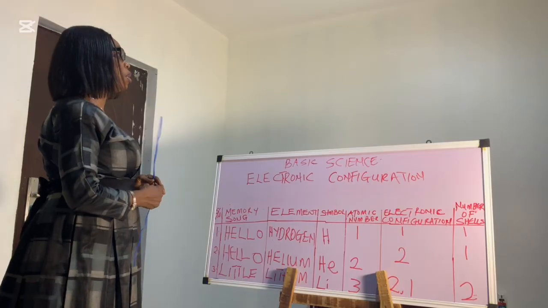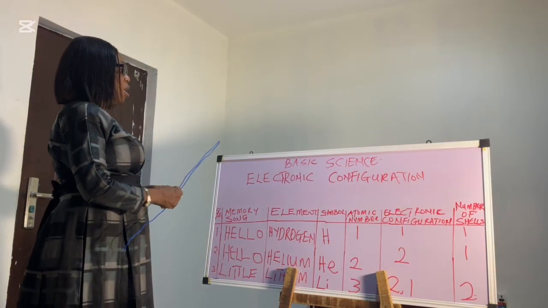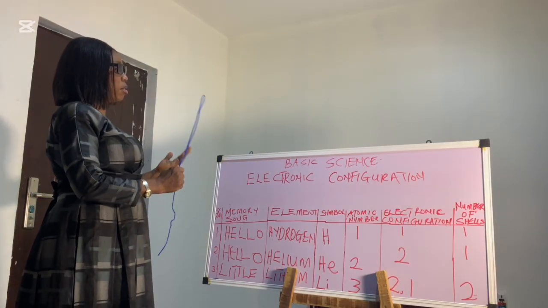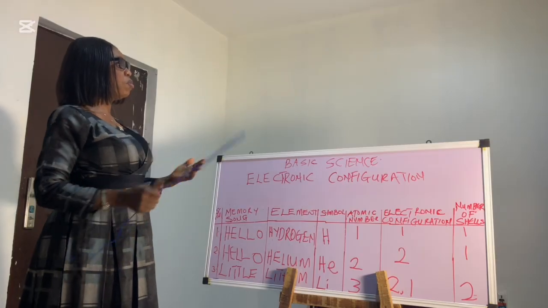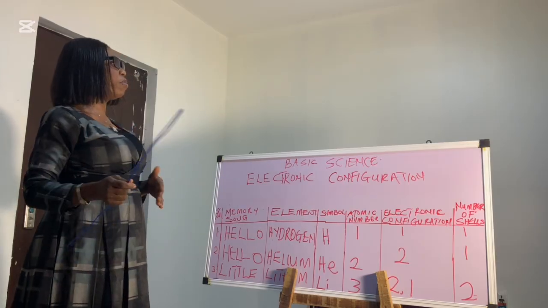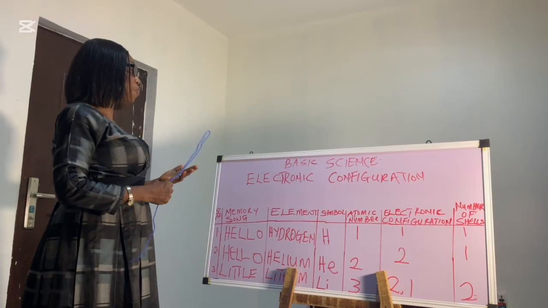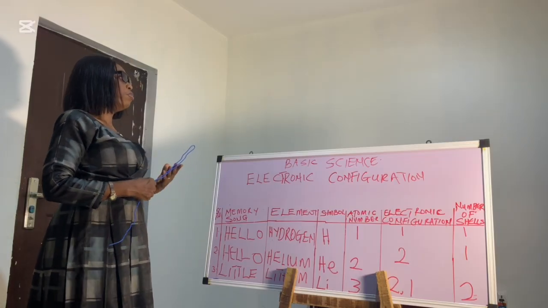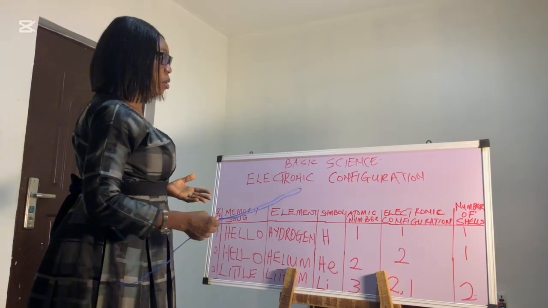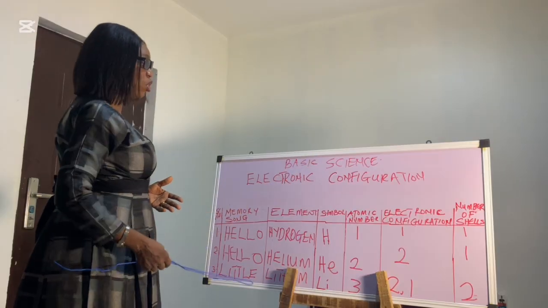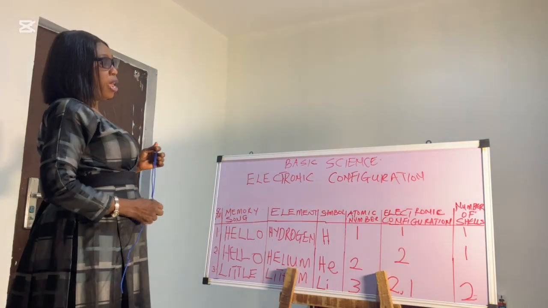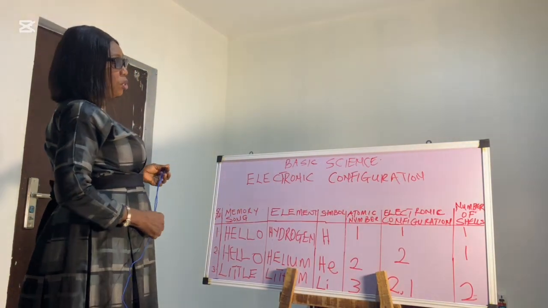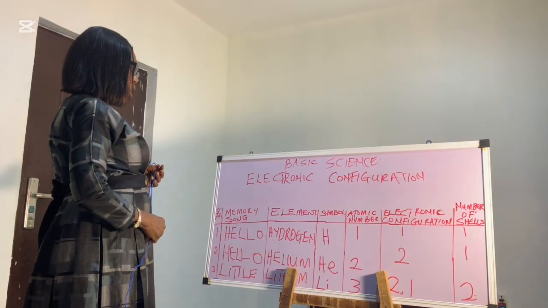In the previous lessons or classes, I started on atoms, elements, atomic number, number of electrons, number of protons, electronic configuration, that is the way electrons are arranged in atoms of elements.